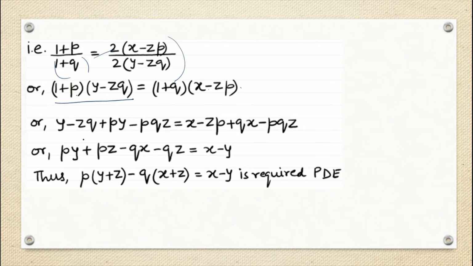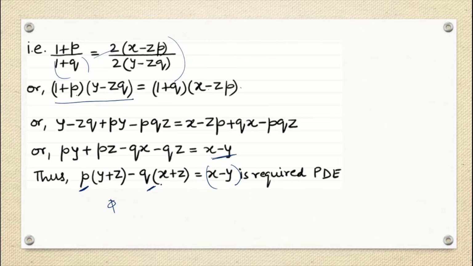Finally, all terms which are present with p we have written down in one place, all terms with q in one place, and all those terms where p, q are not present we have written down here. So this is my required partial differential equation, because p, q, x, y, z all are allowed, and I am not finding phi, the arbitrary function here. So this is the answer.